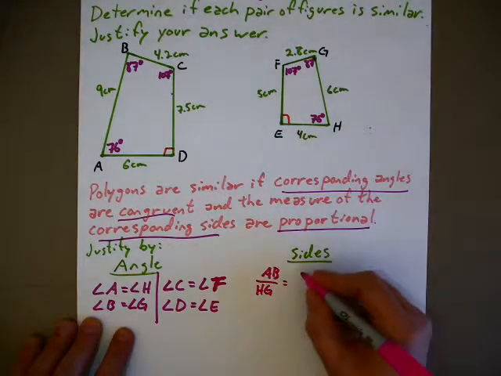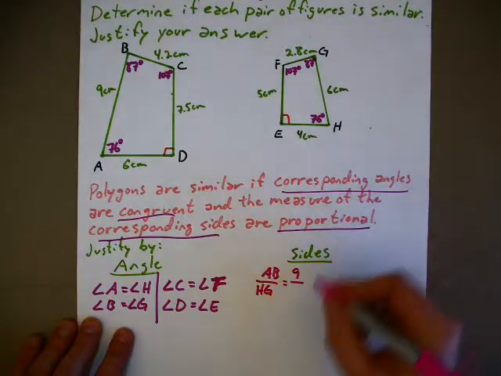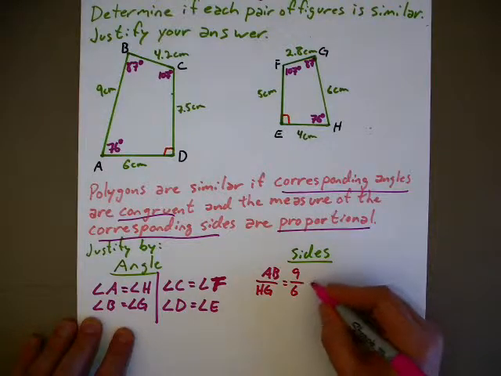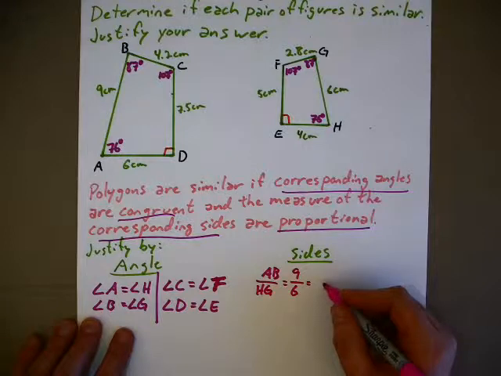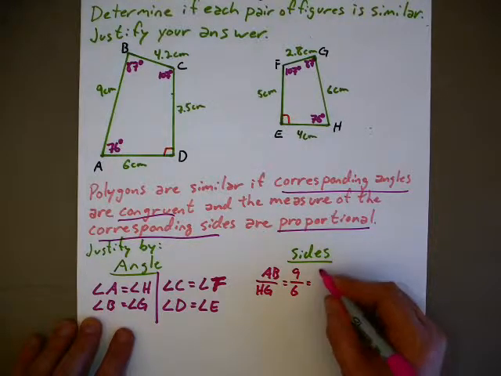So if we look, we have a 9 centimeter over a 6 centimeter. And if we simplify that, that is 3 over 2.